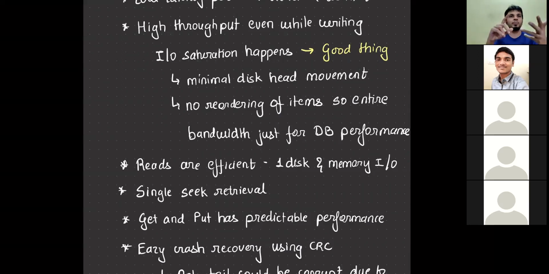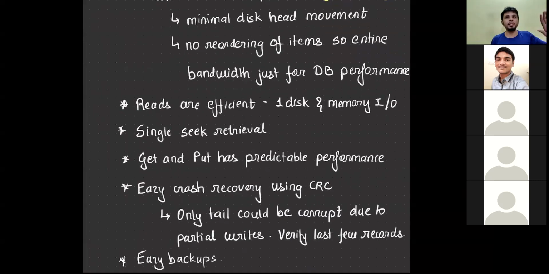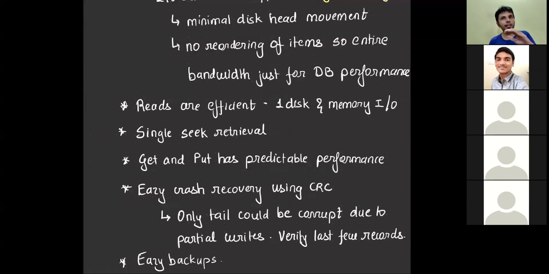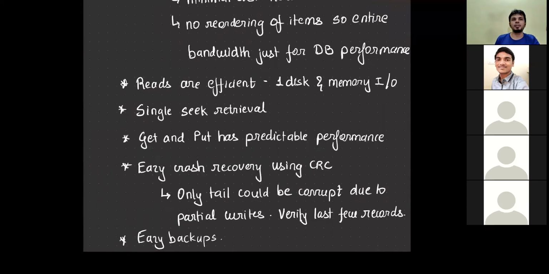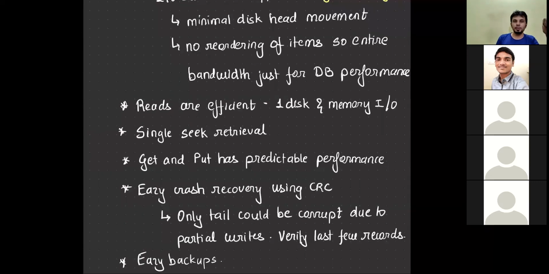Because there is minimal disk head movement, no reordering of items, no rebalancing of complex data structures. So everything is just doing the pure work that it is intended to do as part of your engine, right? No dummy writes happening here or there. So you get very high performance out of it. Single seek retrieval, and get and put have predictable performance.